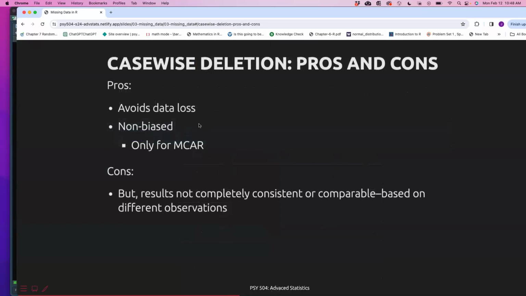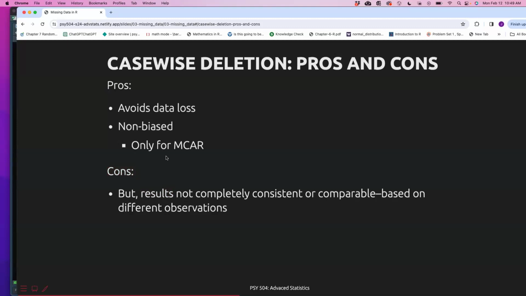And similarly to listwise deletion, if the mechanism is MCAR, then our estimates are non-biased. But if it's not, then it's biased. But case-wise deletion is not used a lot, because we're making these comparisons on not completely consistent or comparable observations, which is not ideal. So this is not used as much.